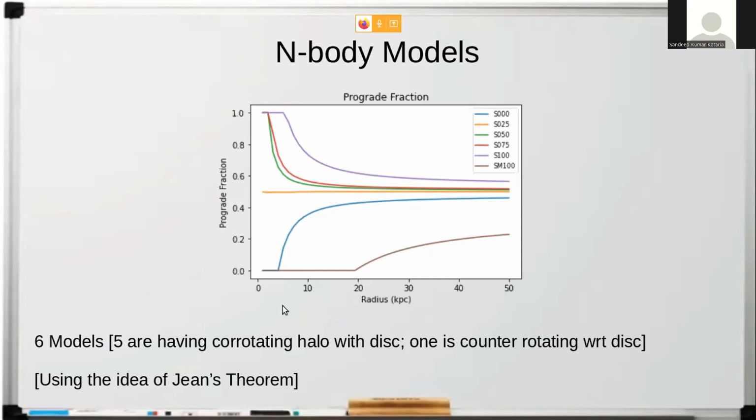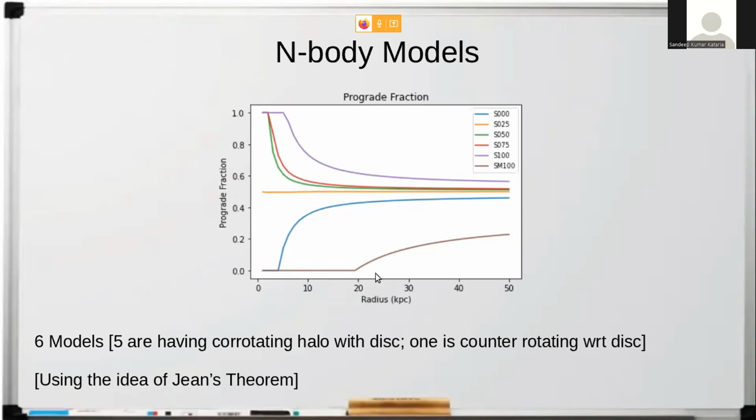So we are free to vary the fractions in the central region, and that's what we do. We vary the prograde fraction, which increases from the lowest spin to the highest spin. And for the counter-rotating spin, it is the other way around, so you have more retrograde orbits in the central region.